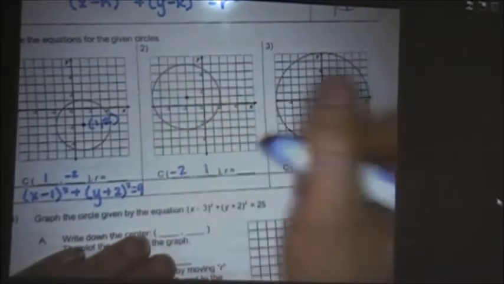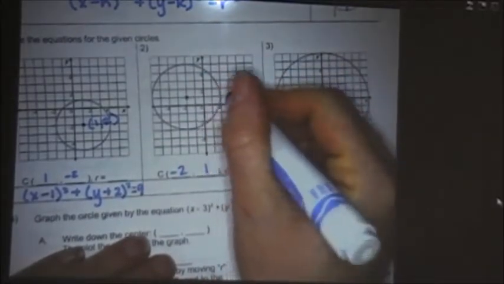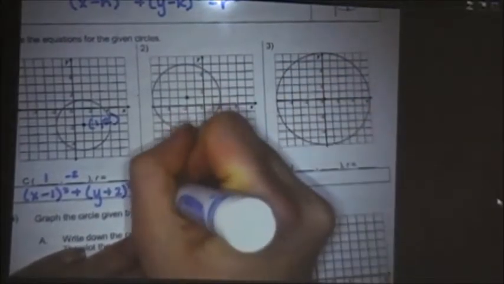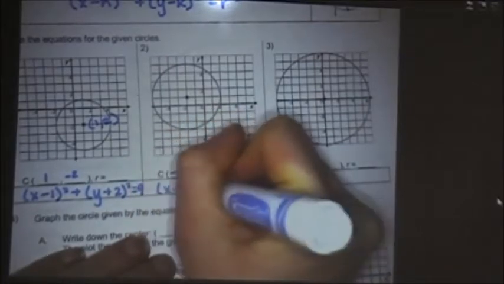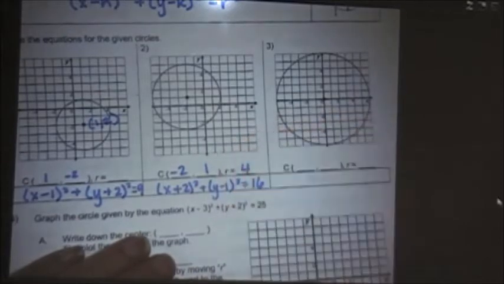My second circle I identify as a center point (-2, 1) with a radius of 1, 2, 3, 4. So when I plug that in, it becomes (x + 2)^2 + (y - 1)^2 = 16.